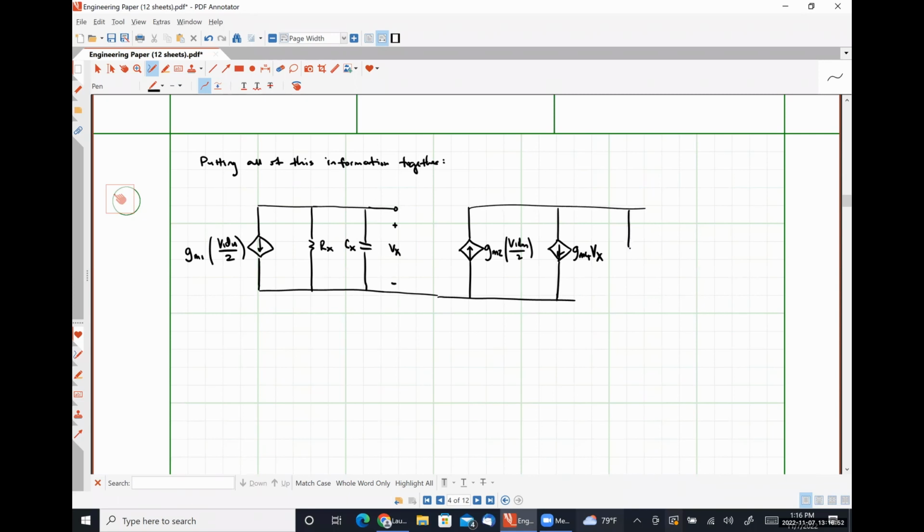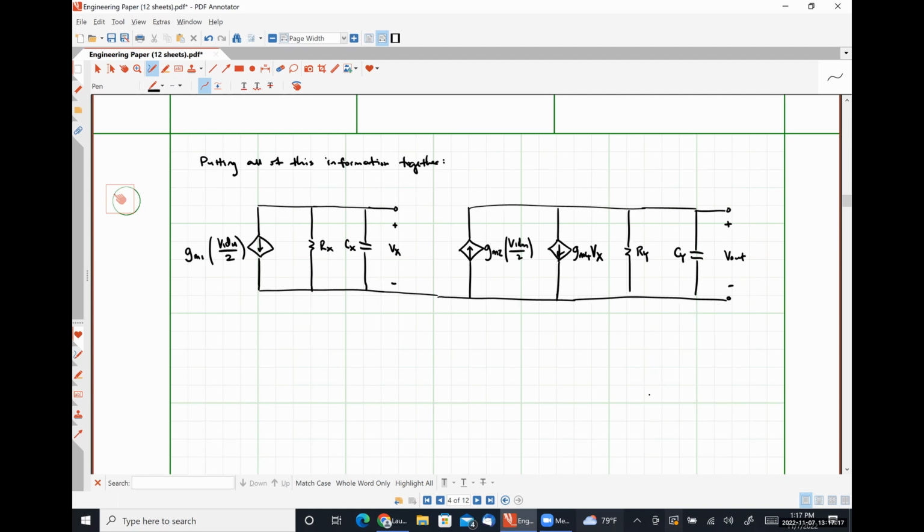In parallel with that, I have RY in parallel with CY. And the potential difference here is my output voltage.